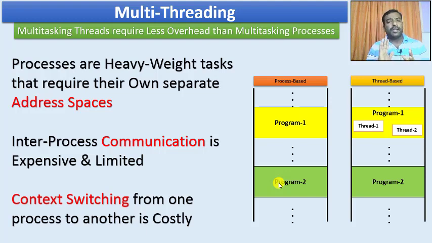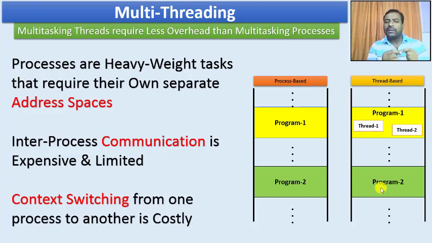Fine, if it is process-based. But if it is thread-based, I need not worry very much about the address space. The address space will stay in its position. I'll only be giving the CPU's execution time to thread 1, and then context switch to thread 2.